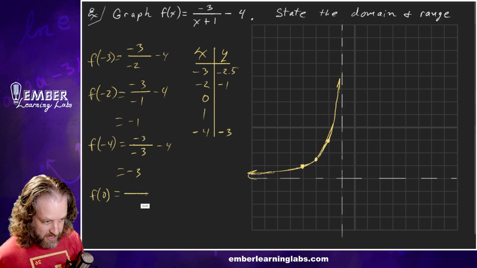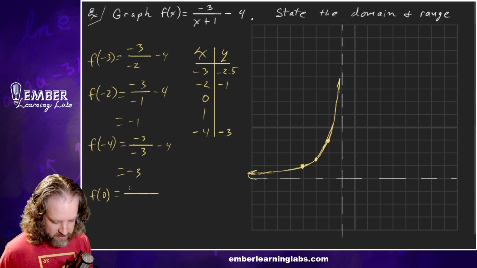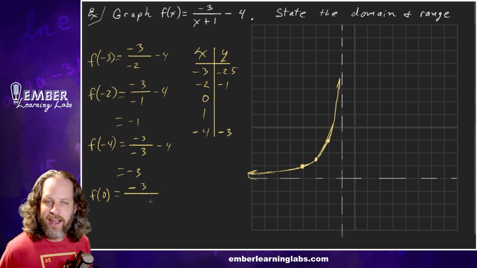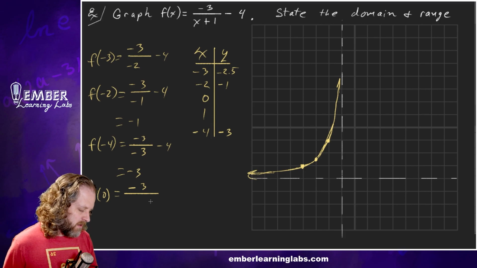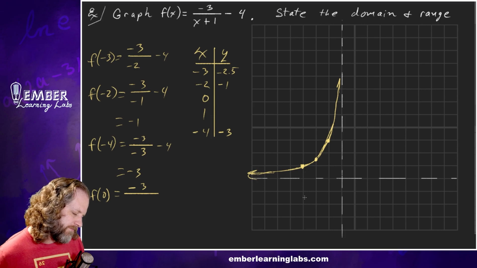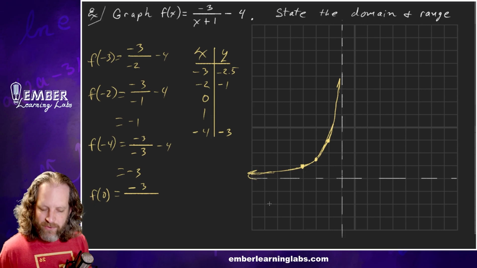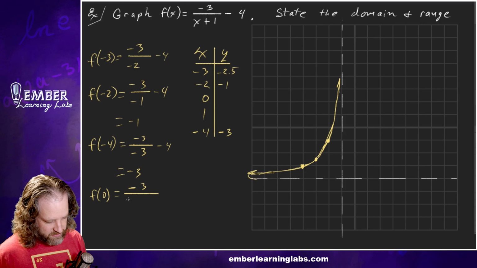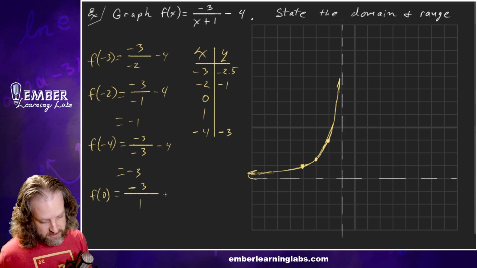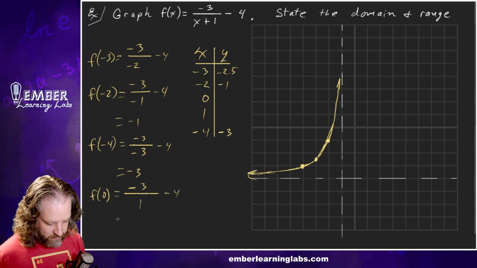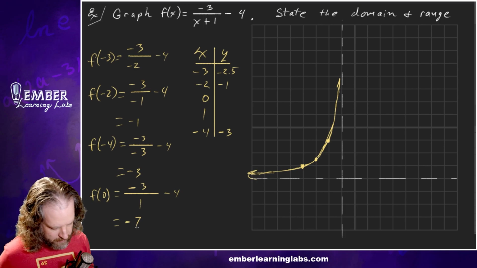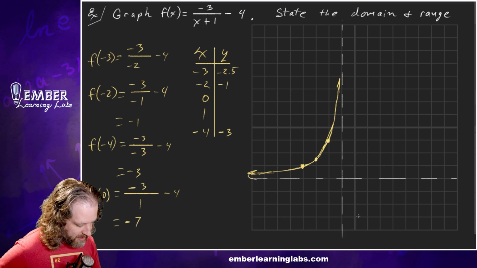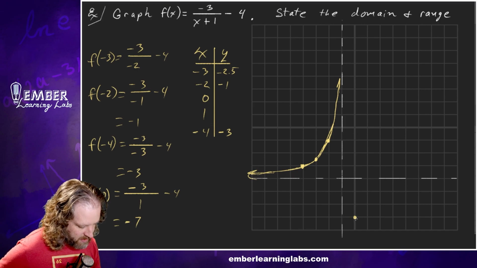And we're taking the minute to do this just to remind you that if it's hard for you to see, just plug it in real quick. It doesn't take very long at all. 0 plus 1 is 1. Ooh, that's nice. -4. -3 minus 4 is -7. So 0, -7. So that is right here.